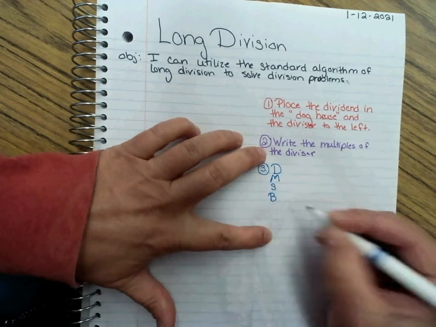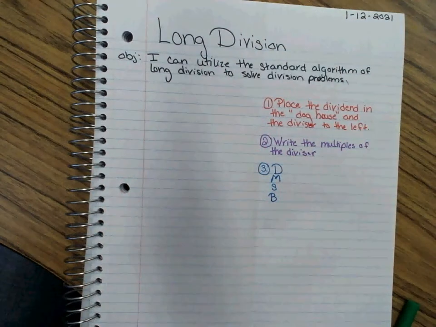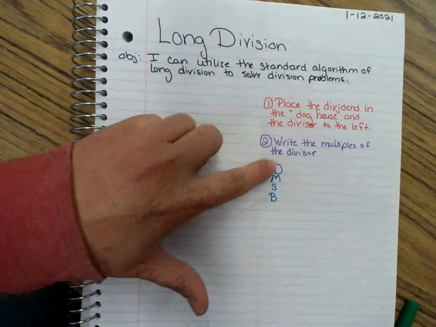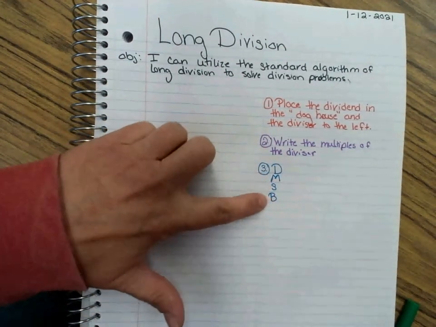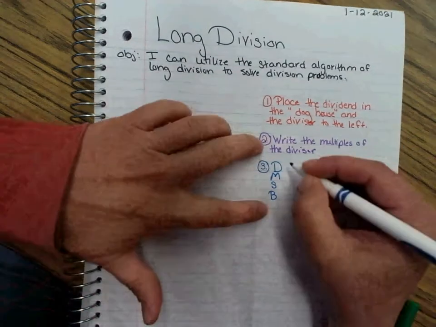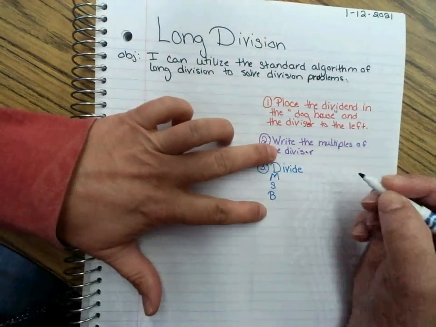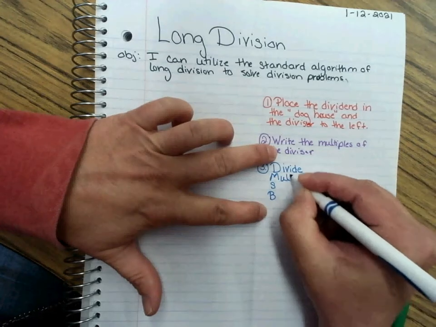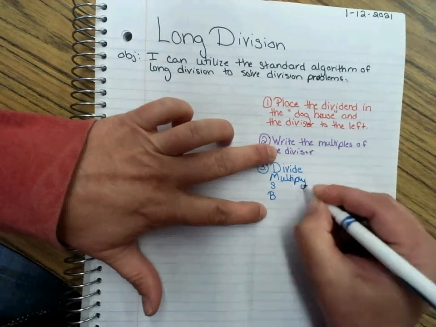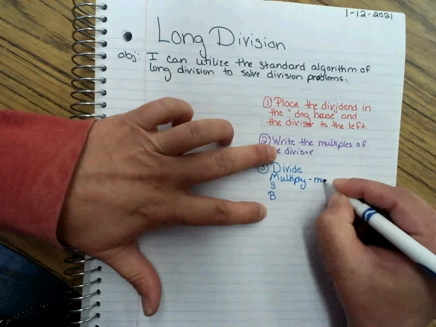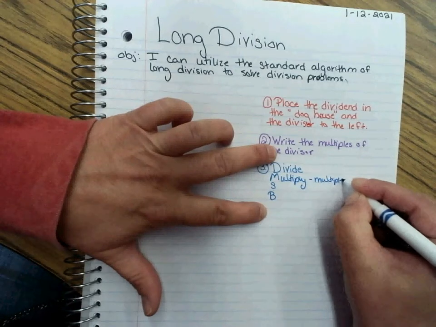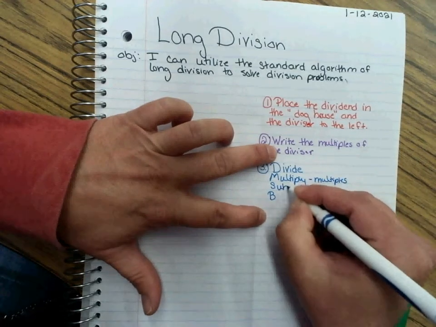Where have I seen this before? So does McDonald's sell burgers? Divide, multiply, subtract. Now this one is where it's a little bit different, okay? So we're going to divide. Then we're going to multiply. Think multiples.